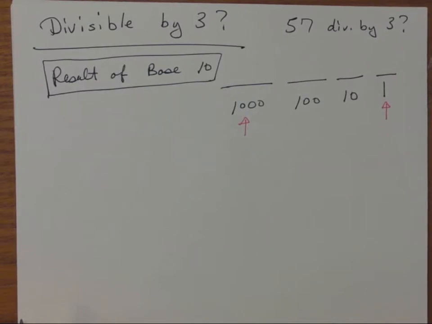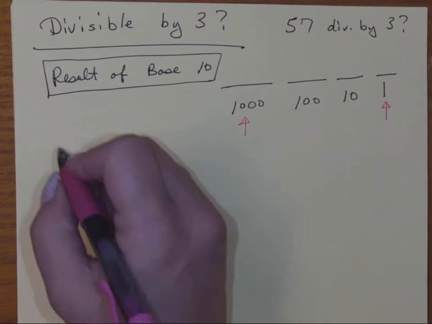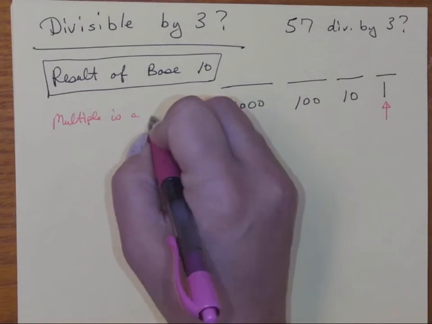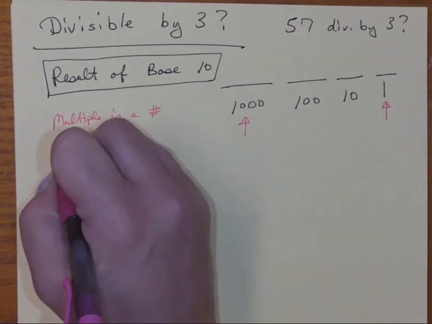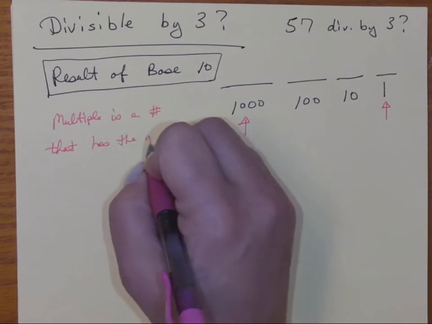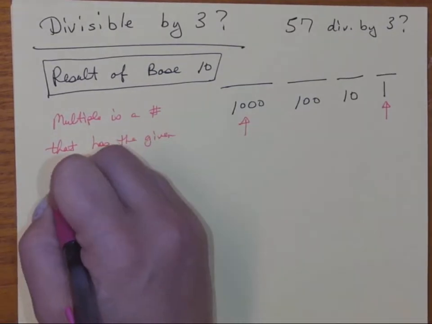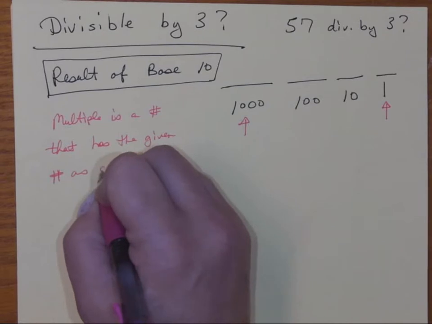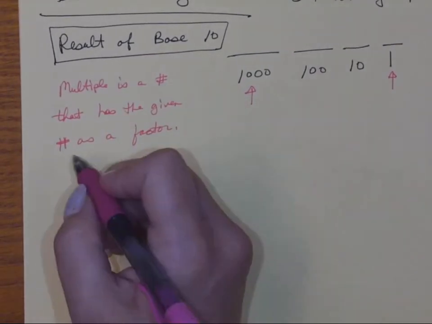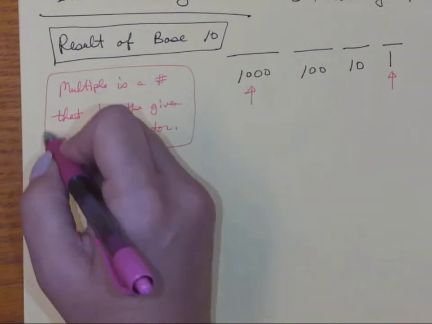So again, multiple of 3, we didn't quite talk about multiple yet. A multiple is a number that has the given number as a factor.